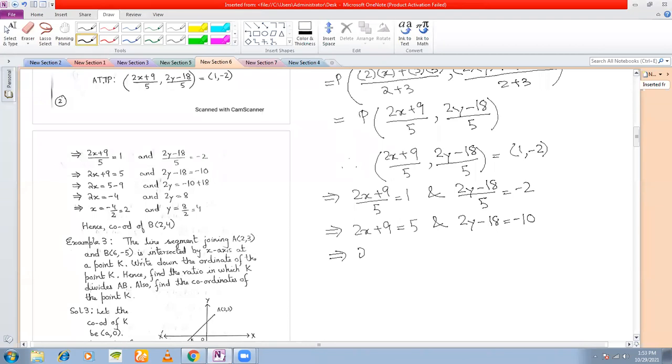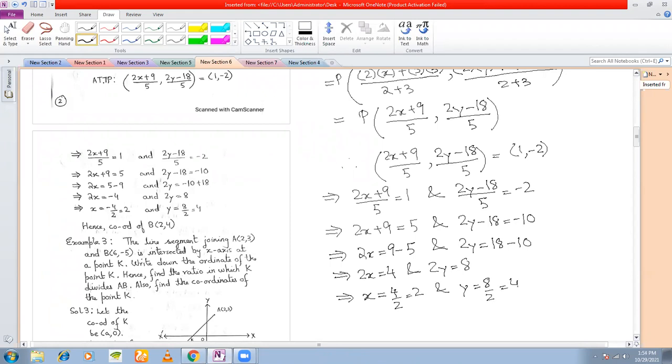So you get here 2x is equal to 9 minus 5, 2y is equal to 18 minus 10. 2x is equal to 4 and 2y is equal to 8. That means x must be equal to 4 by 2, which is equal to 2, and y is equal to 8 by 2, which is equal to 4.